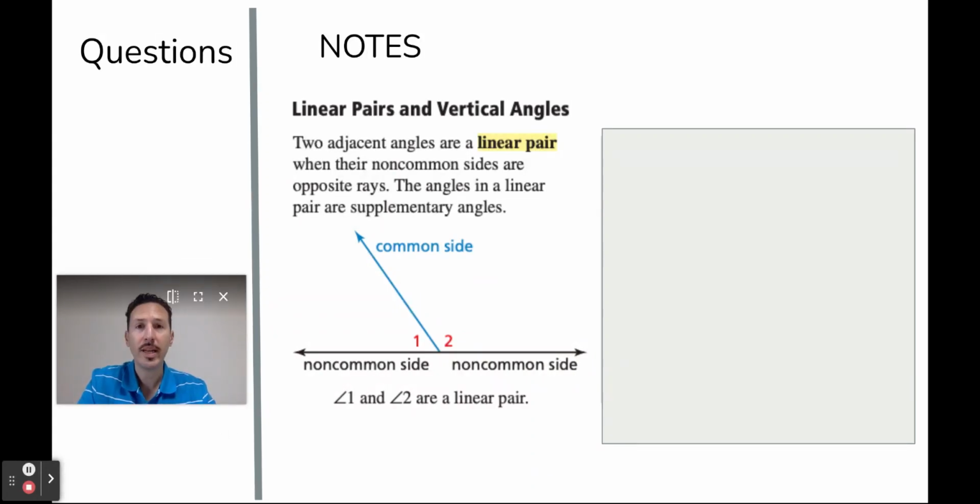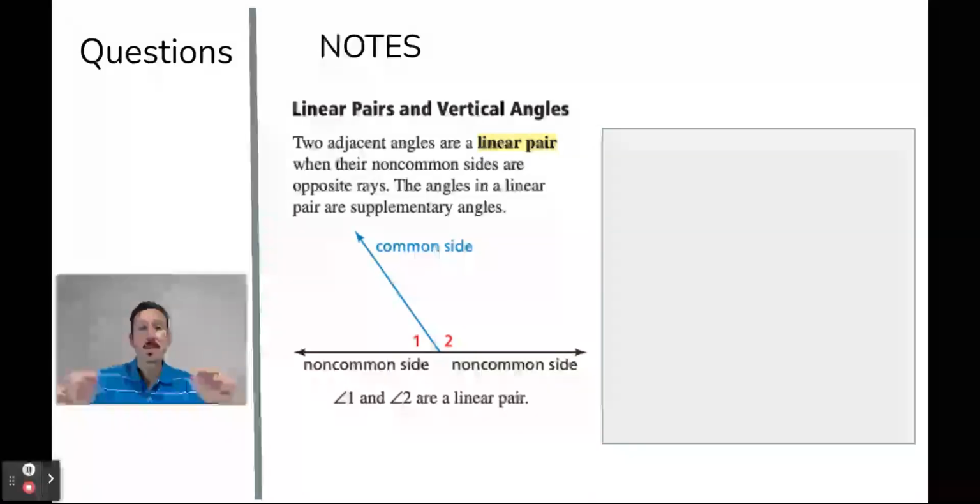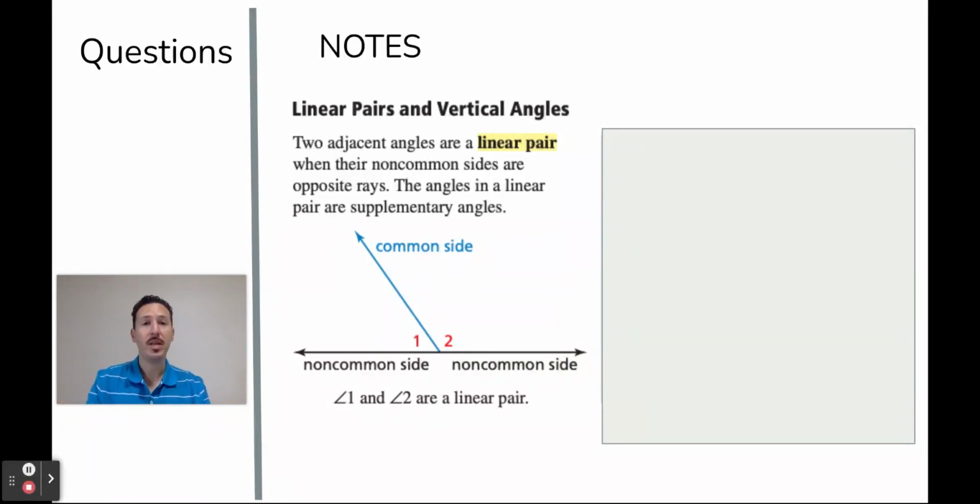So with the linear pair, again, they have the common side and the angles whose non-common sides, which means the parts that they don't share, form a straight line. Okay? So that's different than saying two angles are supplementary. Because when they're supplementary, we're talking about the angle measures being added together. Here, we're talking about creating a line with the two angles.